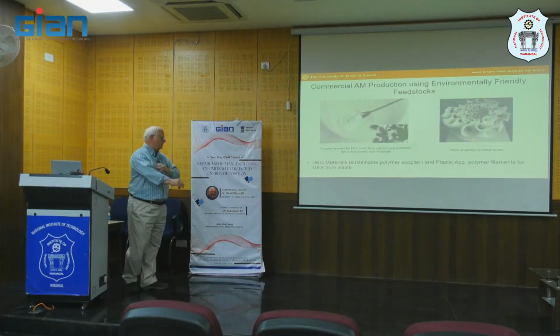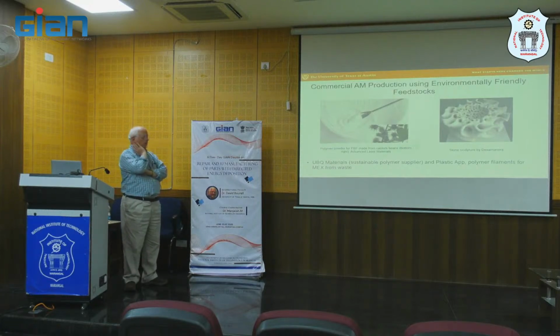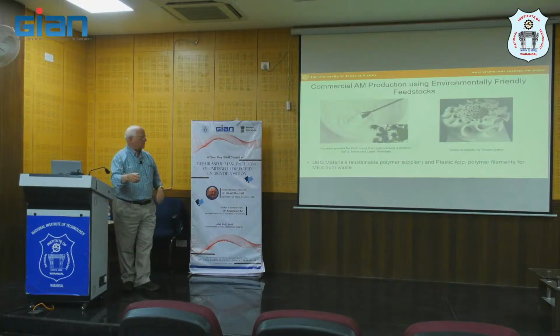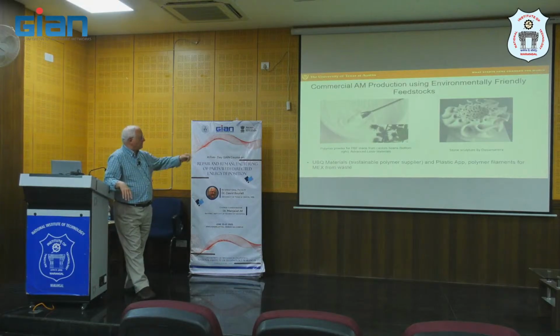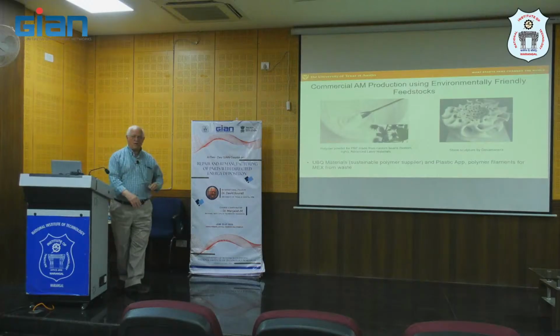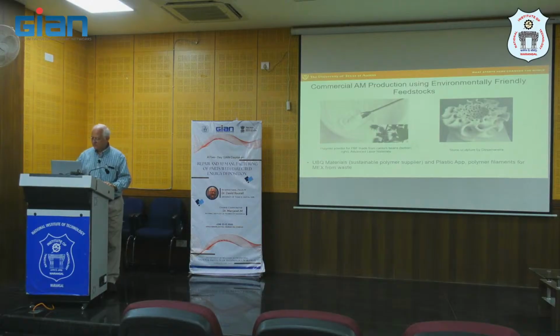But anyway, there are some sustainable polymers or waste converters for producing additive manufacturing feedstock. Now I listed down here UVX materials, plastic gap. It produces polymer filaments, for material extrusion, from waste. So we have that.